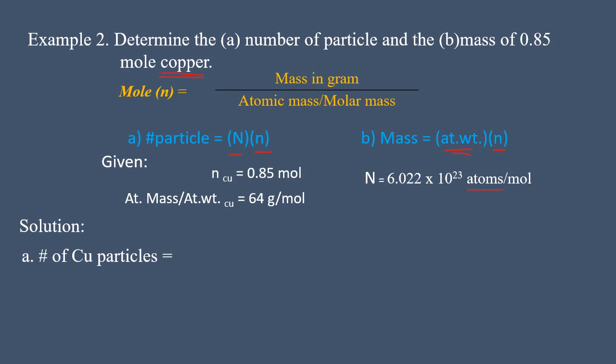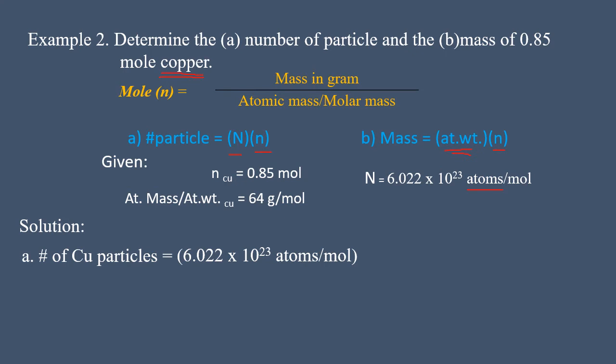For letter A, the number of copper particles, we just simply multiply the Avogadro's number, which is 6.022 times 10 to the 23rd atoms per mole. If you are using a scientific calculator, you just press 6.022, and then you will see the symbol EXP in your calculator. Press that and press 23.